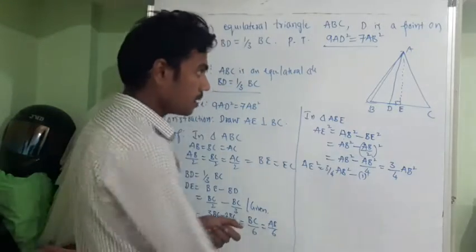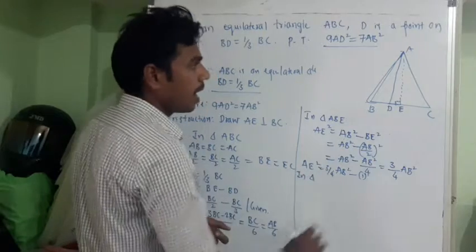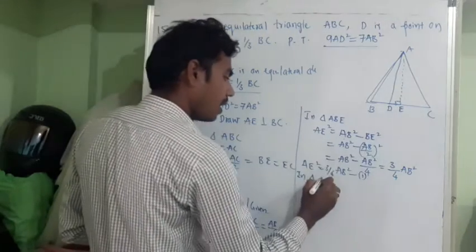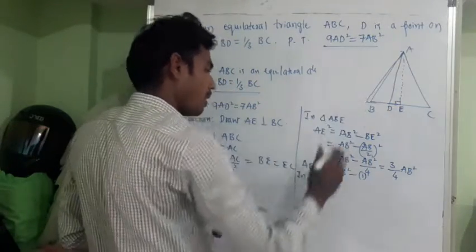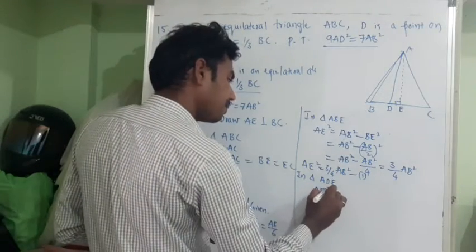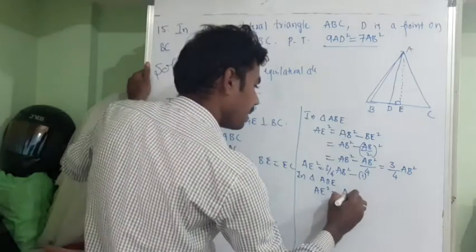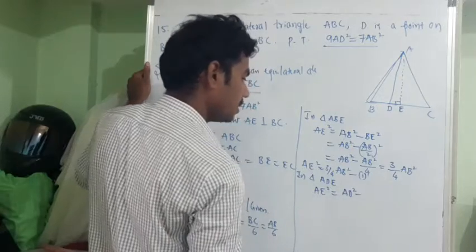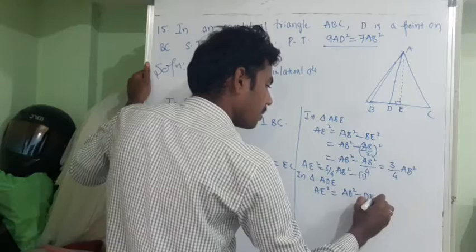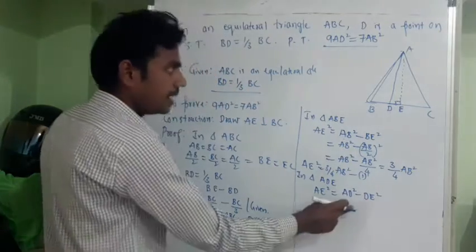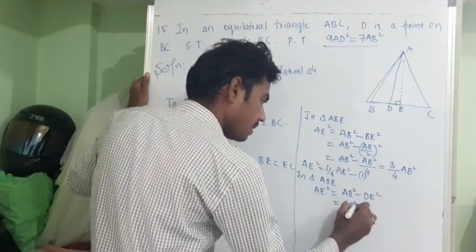Fine. Next, again one more time, in triangle ADE, AE square is equal to AD square minus DE square. I'll keep AD square as it is.